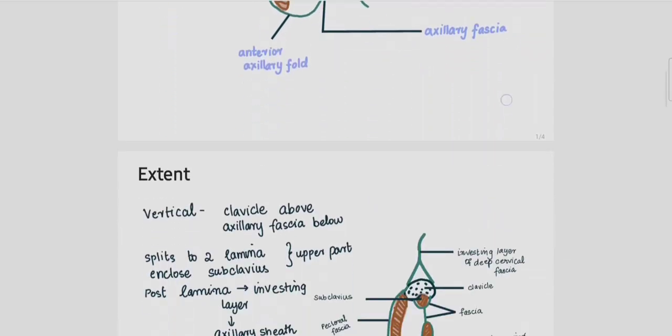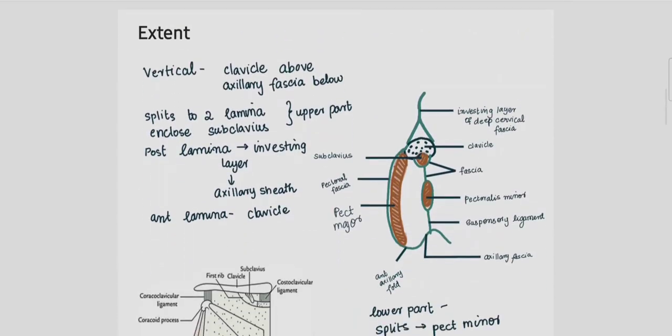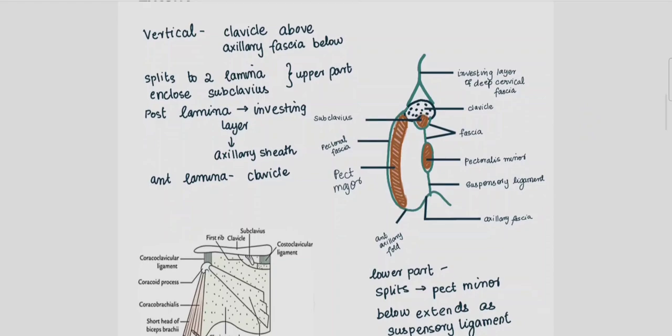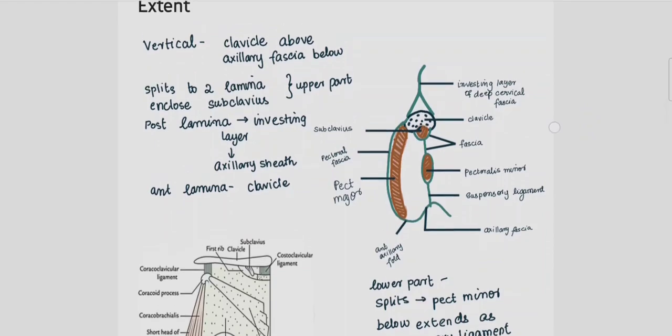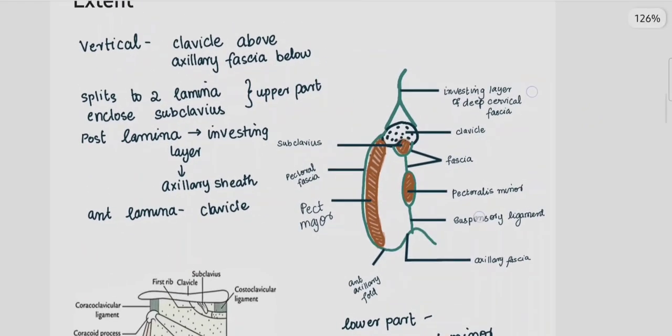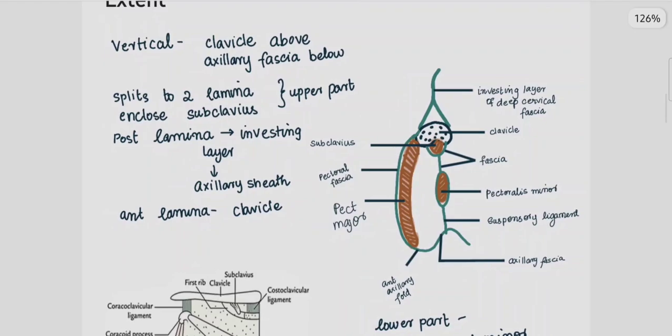Now we'll come to the extent of the clavipectoral fascia. In the vertical direction, the clavipectoral fascia is divided into two laminae in the upper part, which enclose the subclavius muscle.